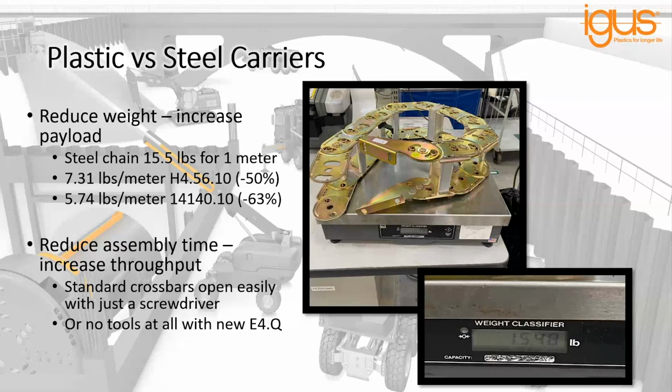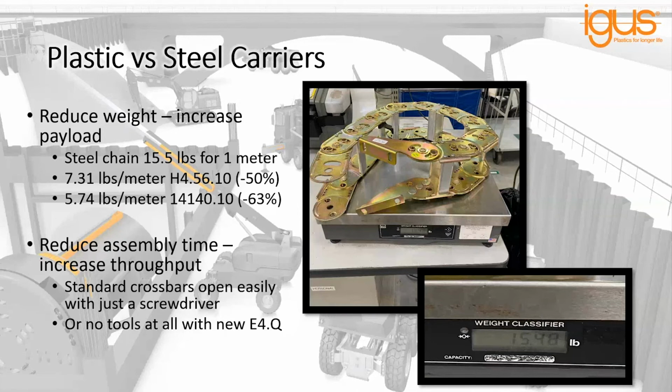Another advantage we saw in that first photo: the steel chain used mechanical fasteners and turn pins with C-clips to hold everything together. That can make things difficult to populate, and also to exchange cables and do maintenance. With an igus energy chain, no special tools are required. The standard crossbars on our normal product range open easily with just a flat-headed screwdriver.